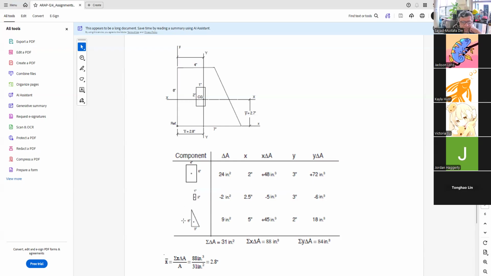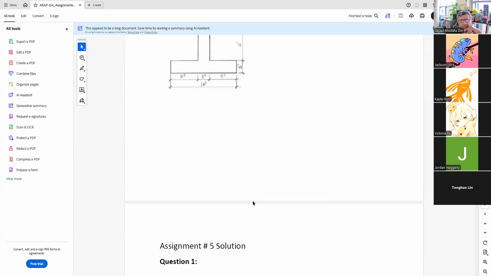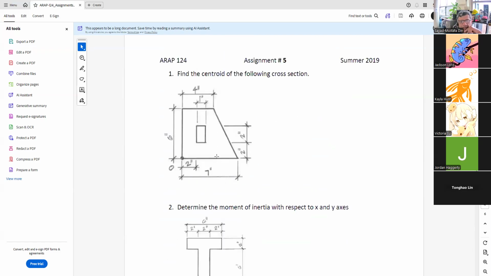Then you do the same for the last shape. Based on the shape of a triangle, let me see if I can draw it, the centroid is going to be somewhere here, 1/3 based on the shape. So it's going to be 4 plus 1, 5.